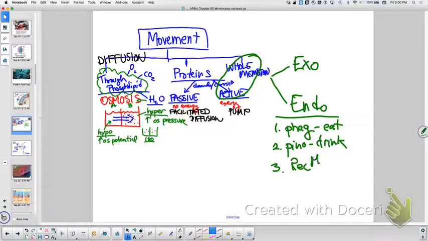Receptor mediated endocytosis. That's where you go ding, ding, ding, ding. Okay, we good on that? All right. Boom, boom, active transport. Okay, I think that's good. That is everything we've done so far.